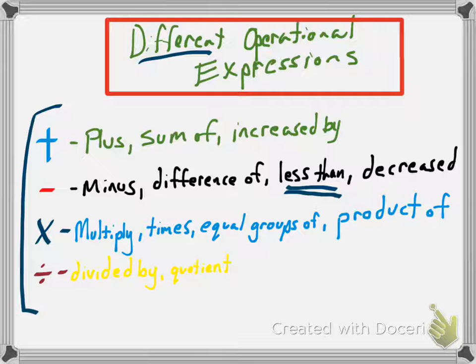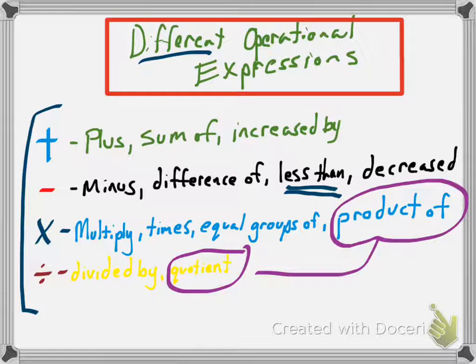Dividing is divided by and quotient. A lot of people get this one and this one mixed up. But just remember, product is making something out of other things, making things out of a group of stuff. So when you have a product of something, you're multiplying. You have equal groups of it, like 2 sets of 3 would be 6. 2 times 3 is 6.